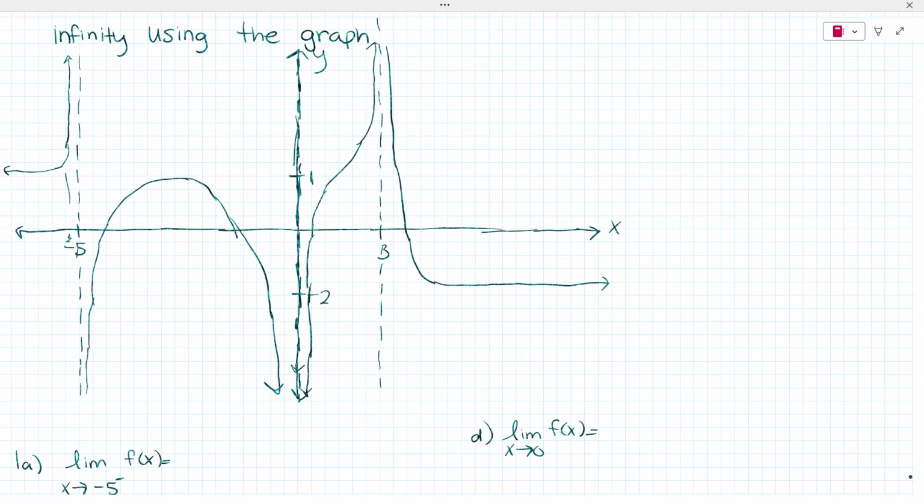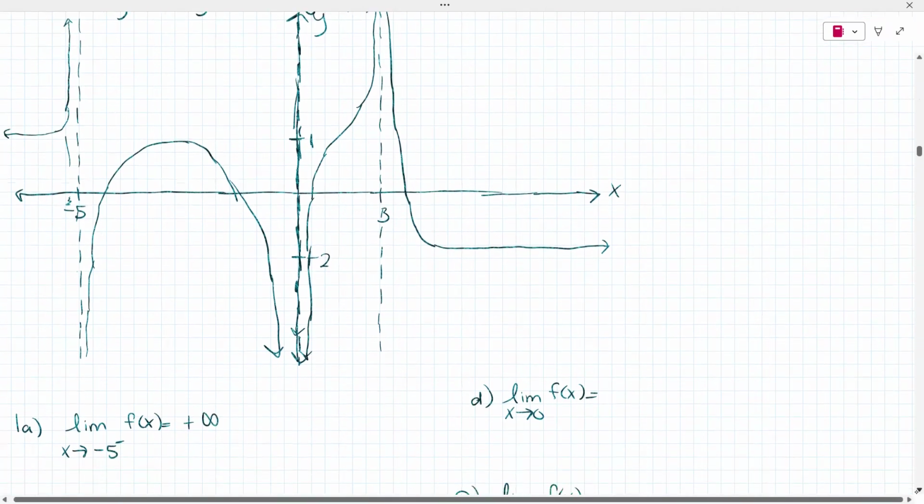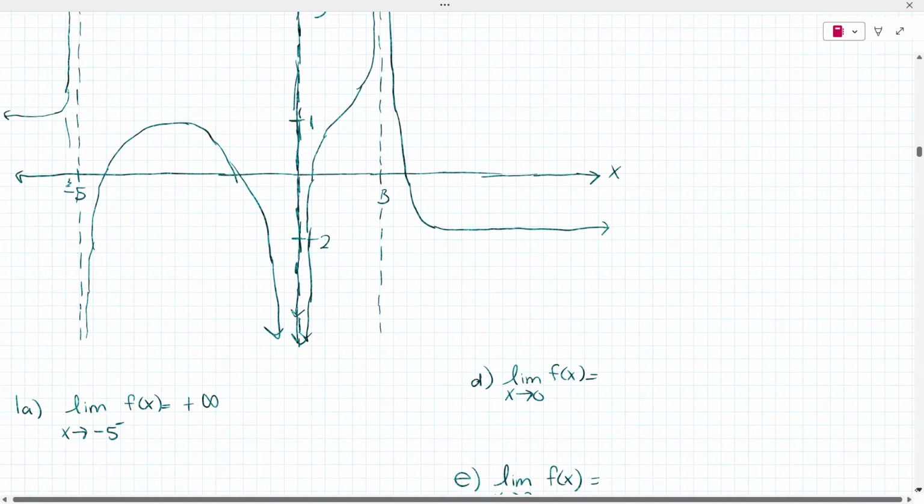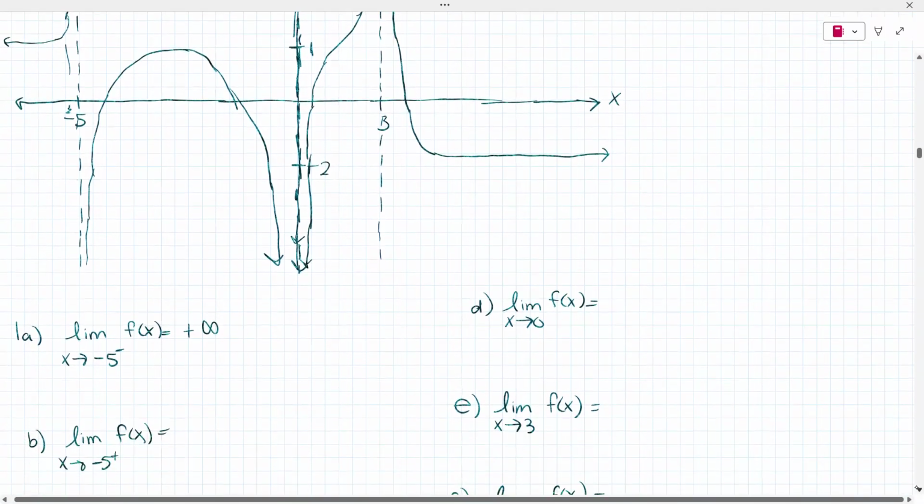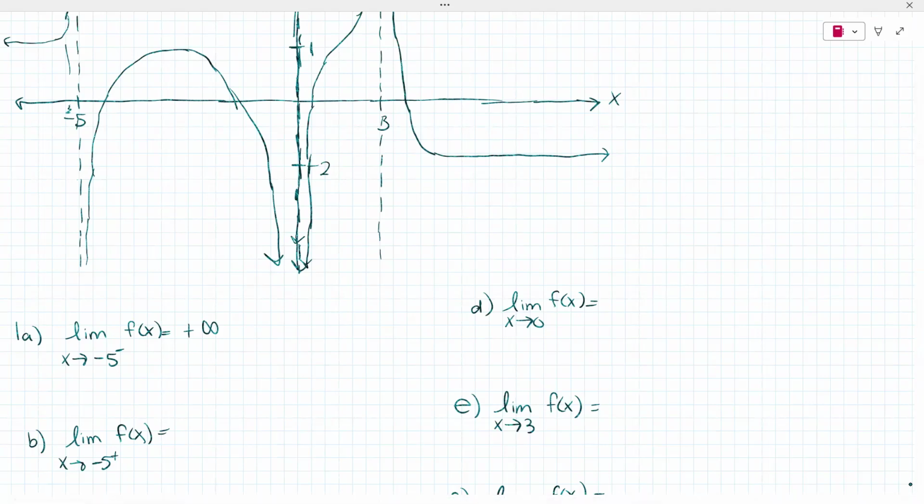So that would be positive infinity. What about B? What is the limit as x approaches -5 from the right? Here's -5. Now we focus on the right, so the y value shoots down to negative infinity.